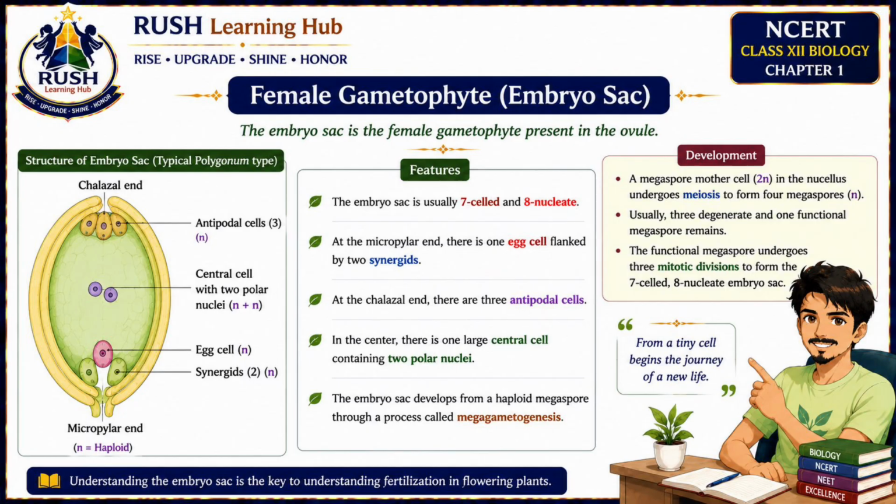In the center of the embryo sac lies a large central cell containing 2 polar nuclei. Thus, a mature angiosperm embryo sac consists of 3 types of cells: the egg apparatus, antipodal cells, and the central cell with 2 polar nuclei. These structures play a vital role in the process of double fertilization and the formation of a new plant.